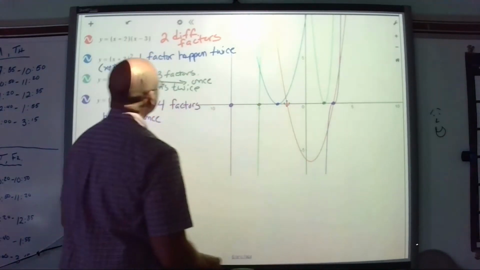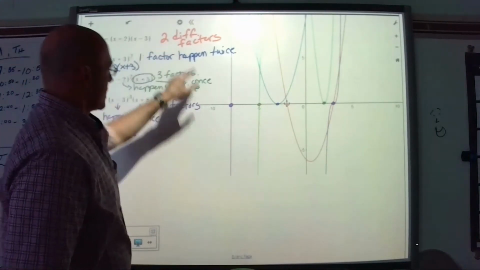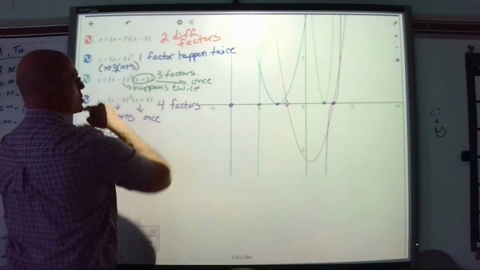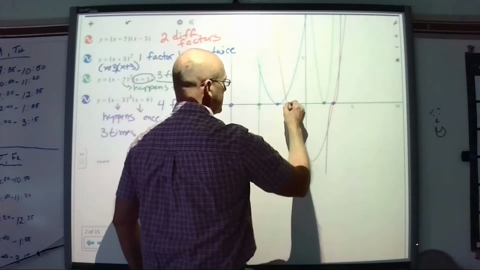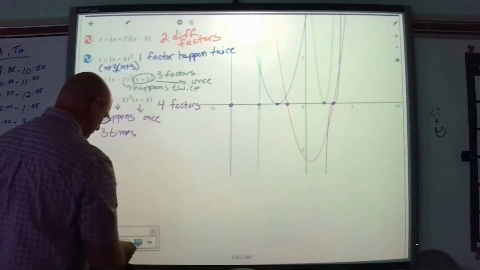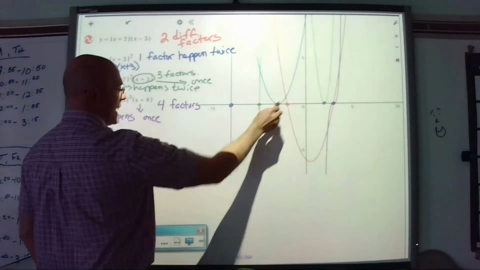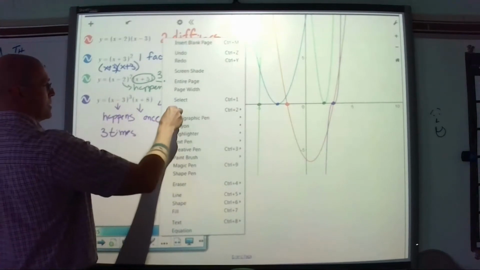So here we go. We're going to go through this again. Let's start with the first one here. Here I had 1 factor of each. What is my graph doing here? My graph at those locations is crossing over, it's passing through the x-axis.